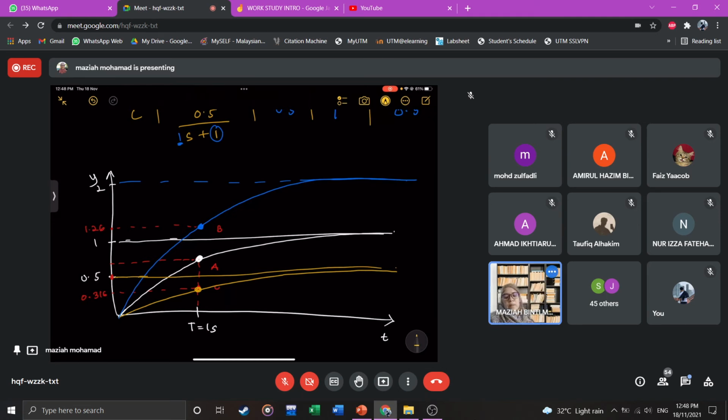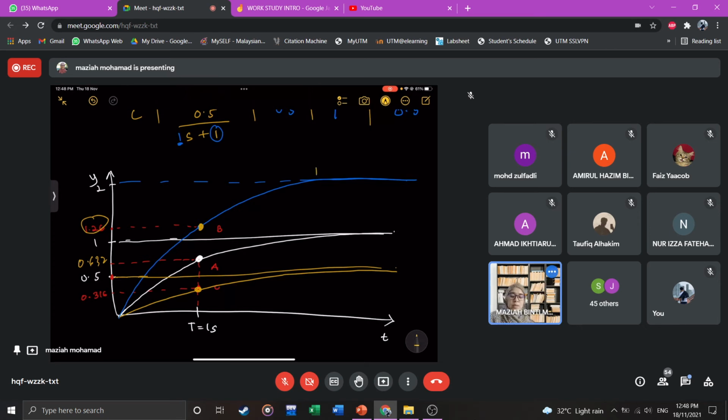Basically we can see here that the effect of K is just that it will change the final value. We change the final value, and of course it will also change the output at the time constant. We have 1.26, we have 0.632, we have 0.316, because it depends on the final value, but it is always 63.2% of the final value.